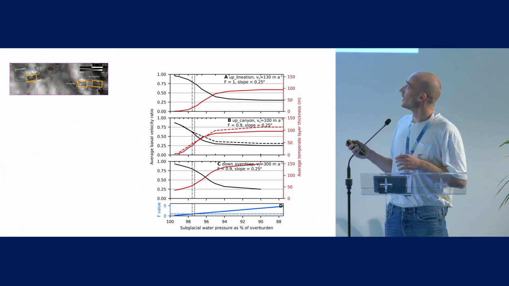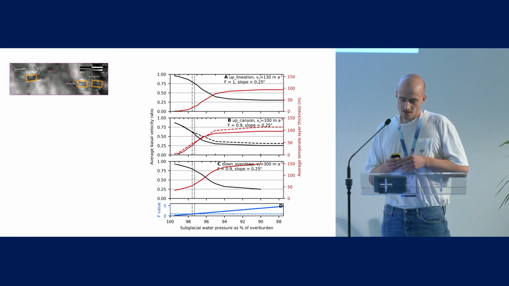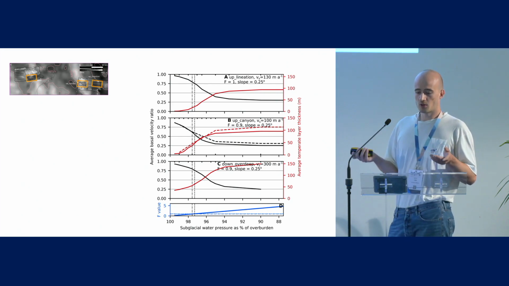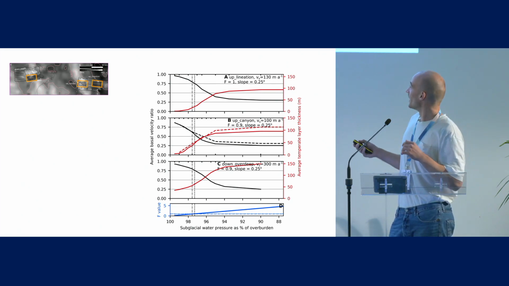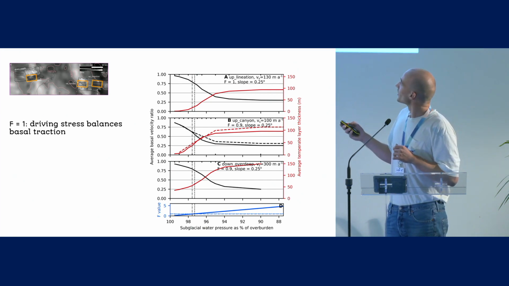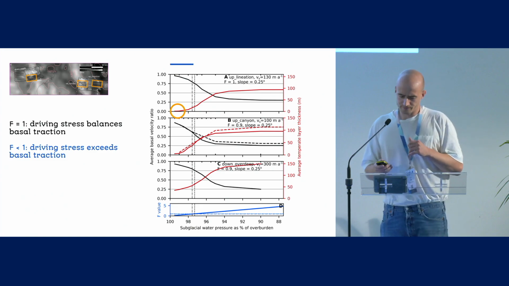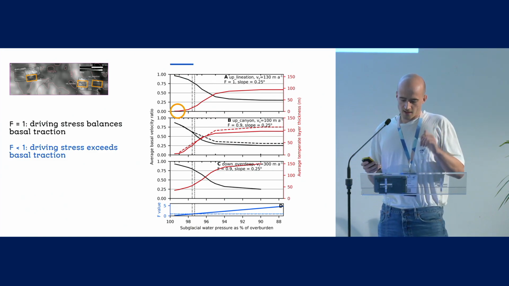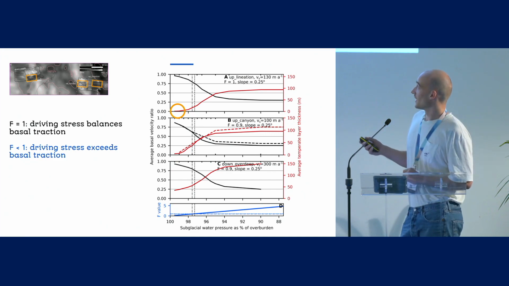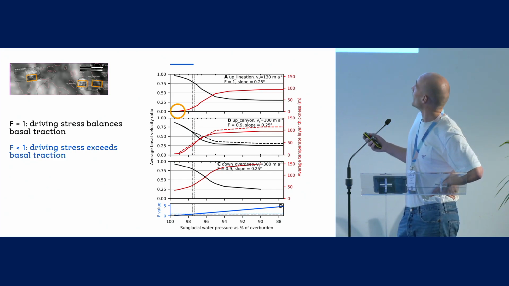So that's here and here. This can be emulated with an F value somewhat below 1, which is over here on the left. That will result in very low basal sliding and some quite thick temperate ice.